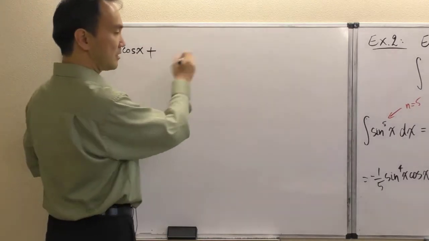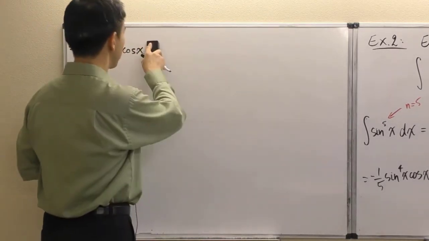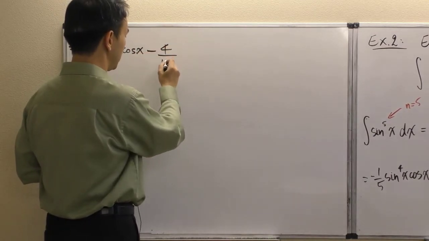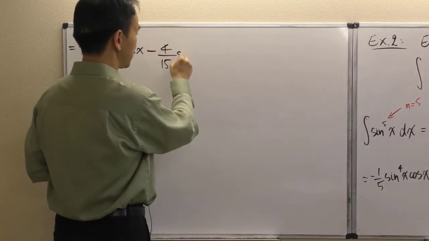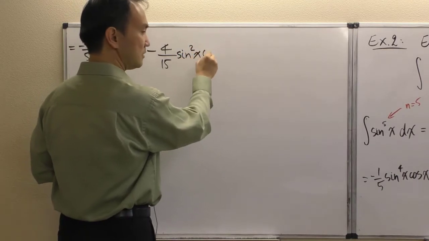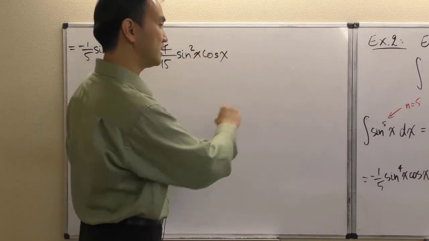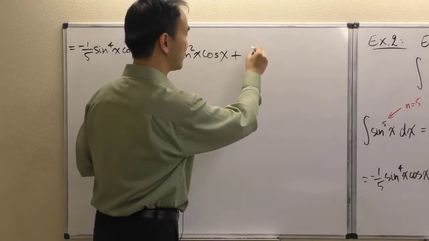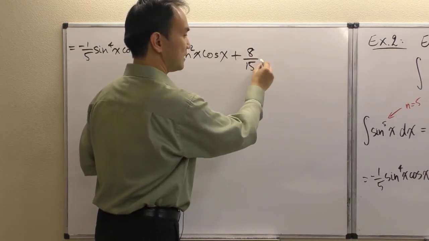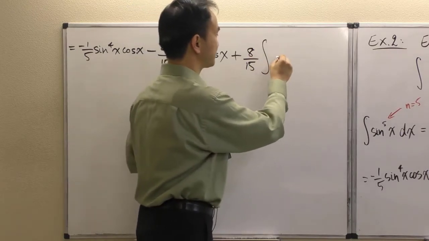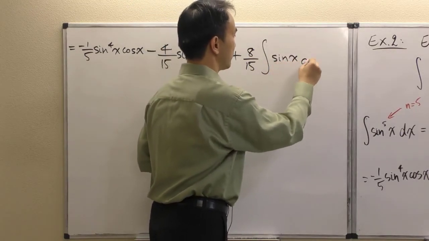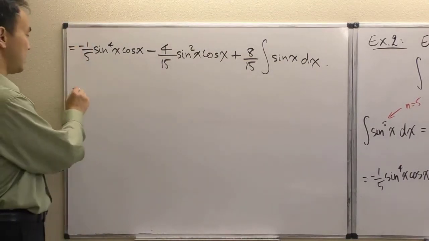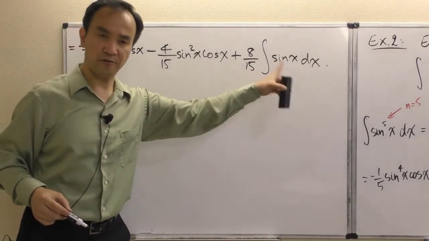It gives me a minus 4/15 sine squared of x cosine of x, and then plus 4/5 times 2/3, which gives me 8/15 with the integral of sine of x. I'm just rewriting the integral here after that distributive law. Now this integral is ready for the final answer.